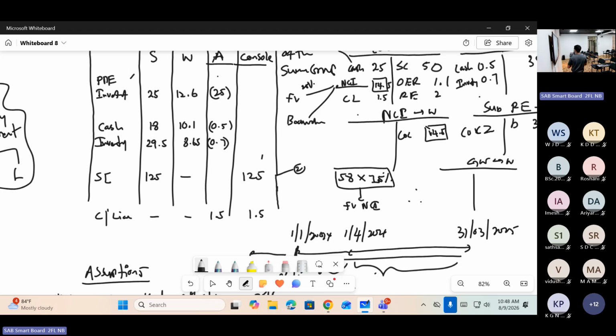That 0.7 credit is relevant to the 29.5.